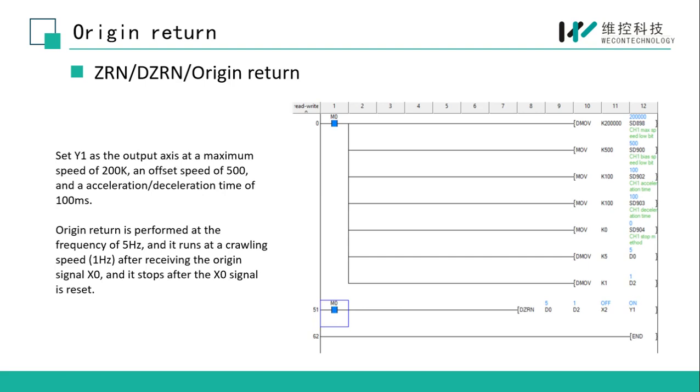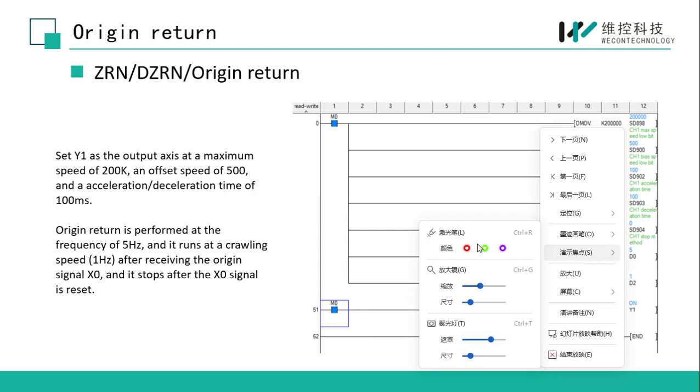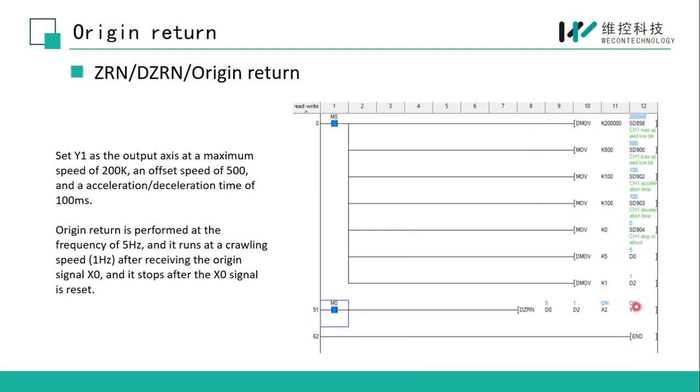So when we trigger it, at first there's no origin signal, so it outputs 5 Hertz. And now it gets the signal, so it's just 1 Hertz output. And if the near point signal disappears, the pulse will be stopped.